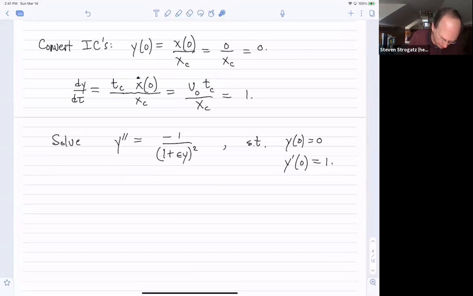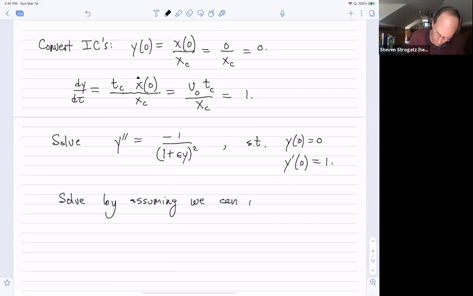So we will try to solve this by assuming that we can write y as a function of tau and epsilon as a power series in epsilon.